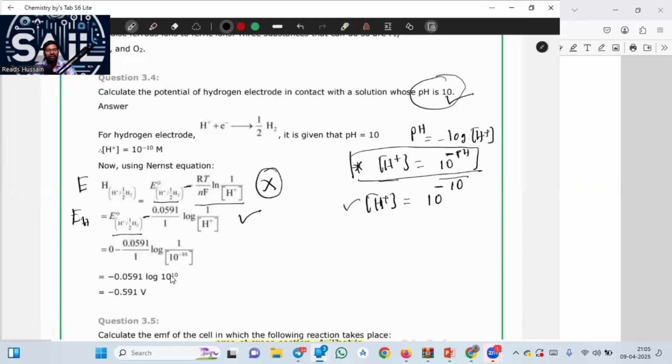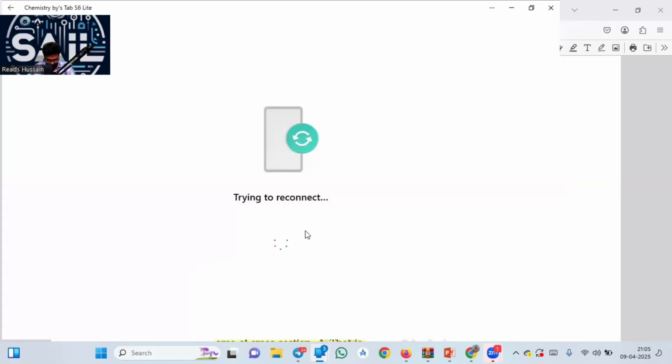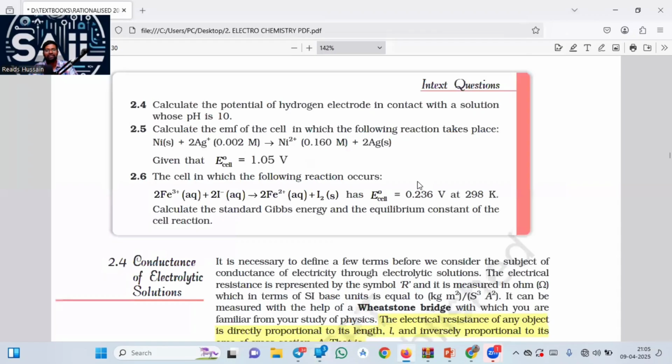Right. See here, log 1 by 10 power minus 10. Sorry, there are some fluctuations in my net connection.